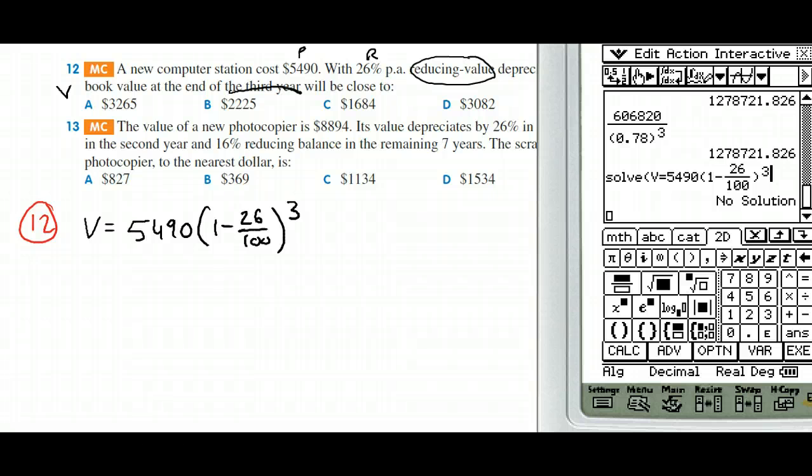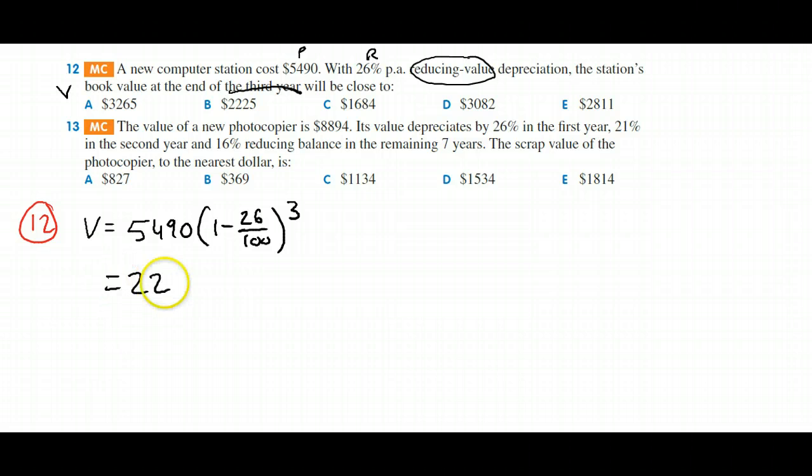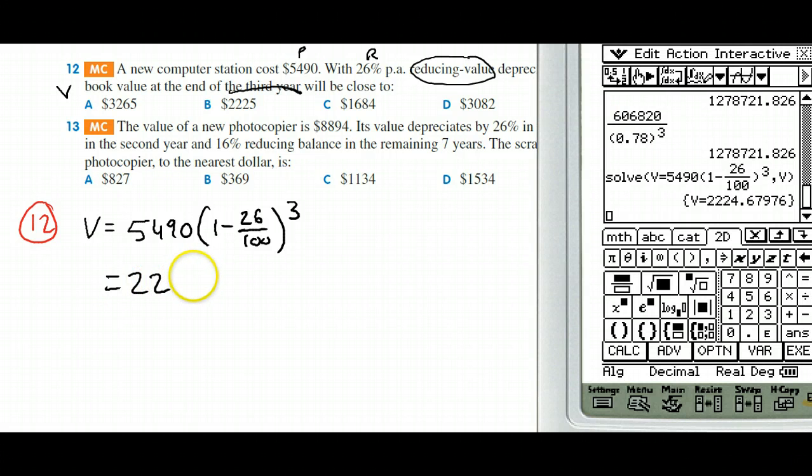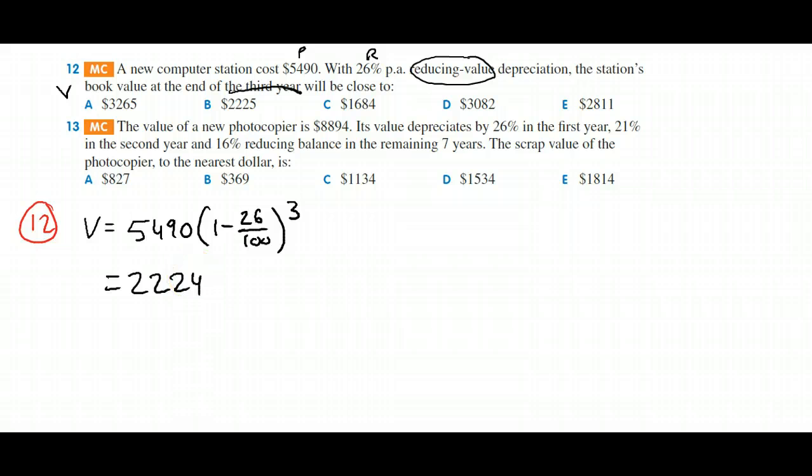But I forgot to put the unknown was V, and to end it with the brackets. So there we go, V equals 2224.68, and that's clearly very close to answer B.